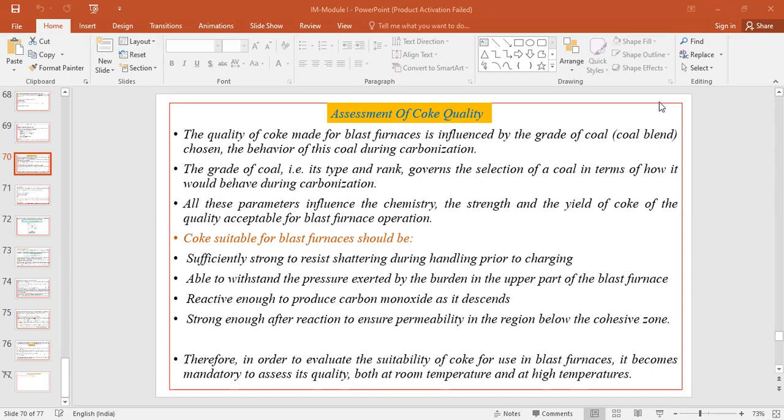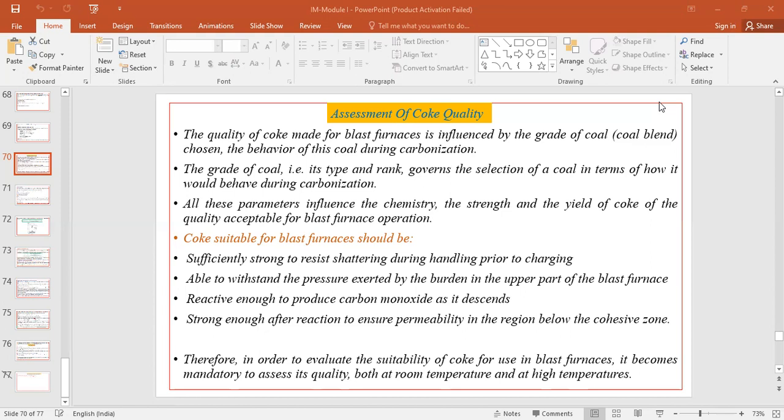So the coke should have sufficient strength. It should have sufficient resistance to abrasion. It should withstand the pressure exerted by the burden. It should be highly reactive when it is undergoing the combustion process.